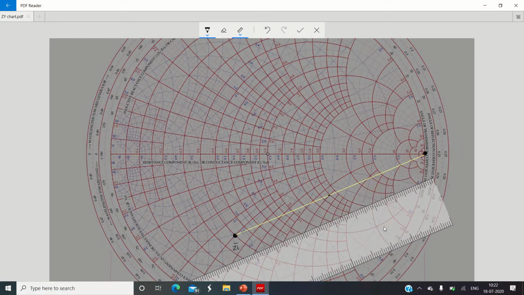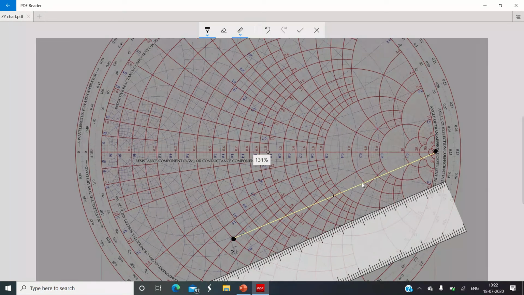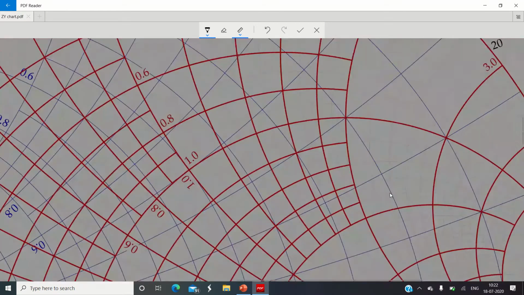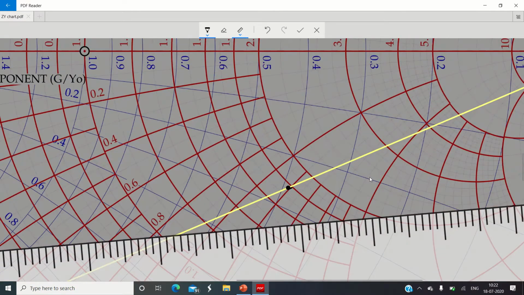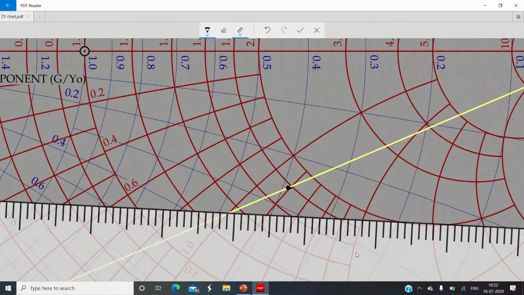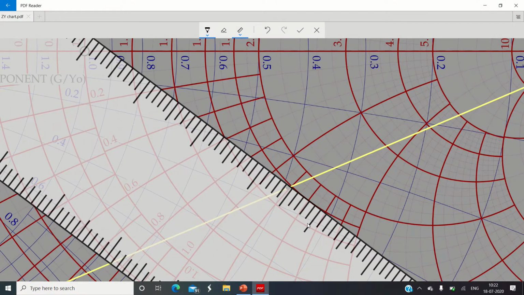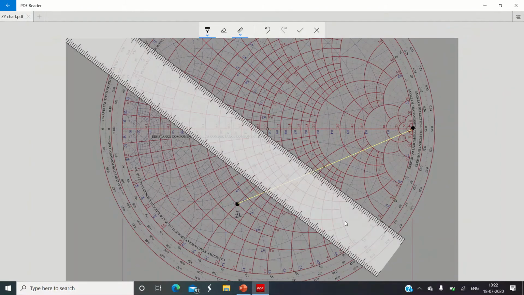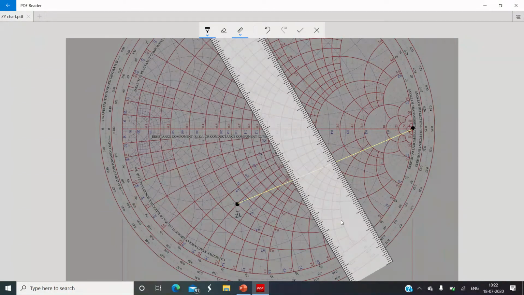Now you can visualize this small point I plotted, which is the halfway of this chord. Take your scale and make it exactly perpendicular to that particular point.